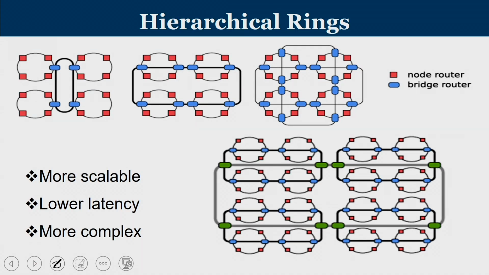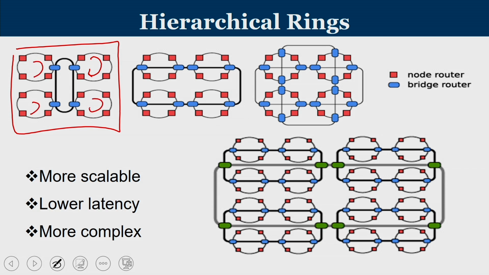And then we have hierarchical rings, where think of a case that you have 16 routers, wherever you see the red color, and each of these routers is in turn connected to the tiles which house the processor and the cache. Now, if the routers in a quadrant are connected using a ring, so you have 4 rings, they form the first level ring, and each ring itself is connected to the second level ring, shown in blue color.